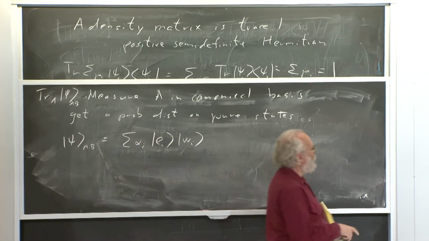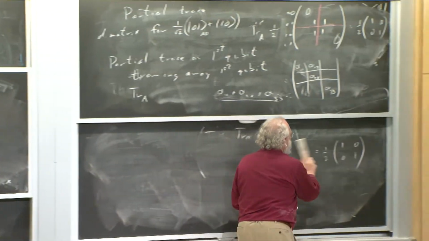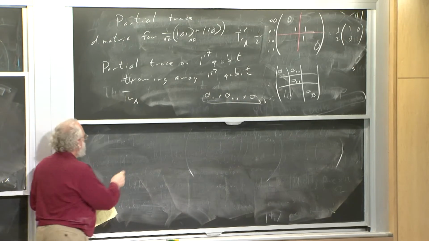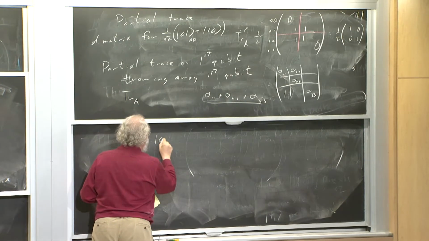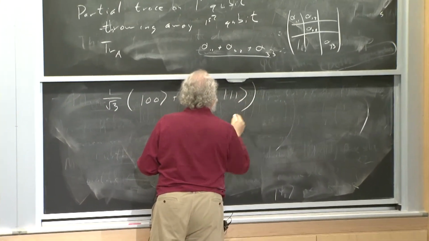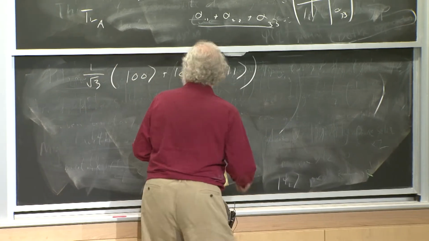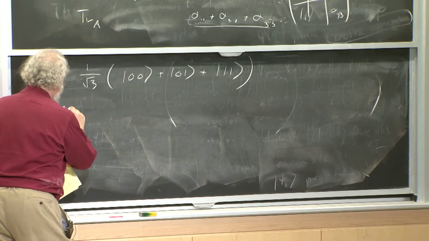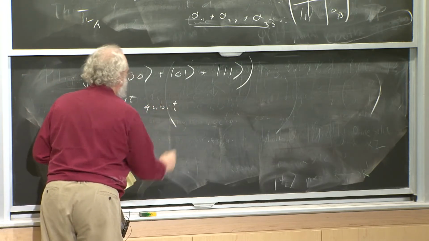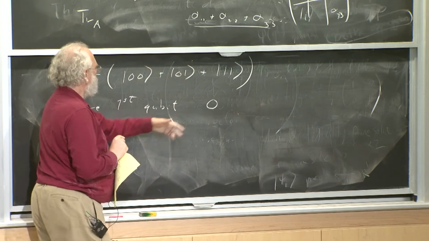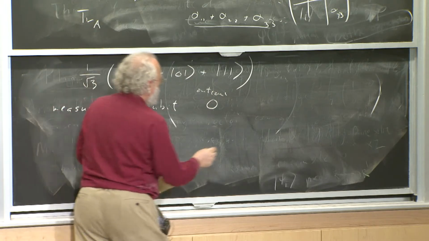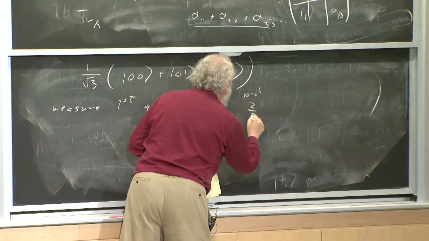Maybe I should do a better example. Okay, let's make up an example. Let's say 1 over root 3, |00> plus |01> plus |11>. Okay. Measure first qubit. The measurement outcome: well, we get 0 with probability 2/3.